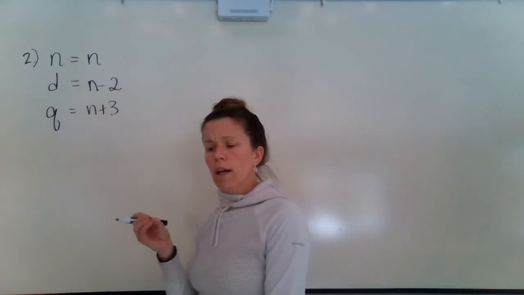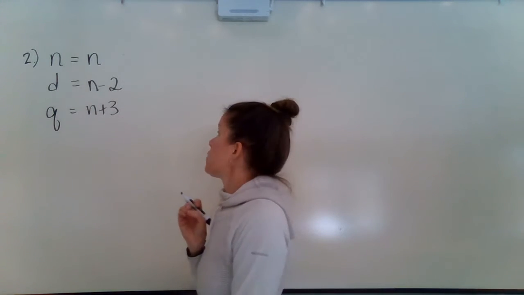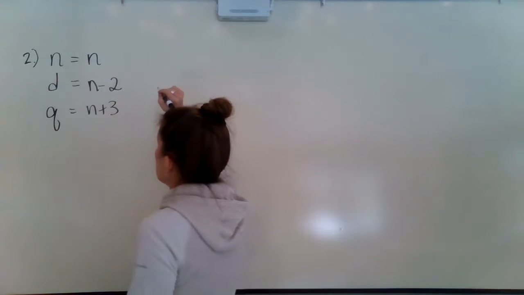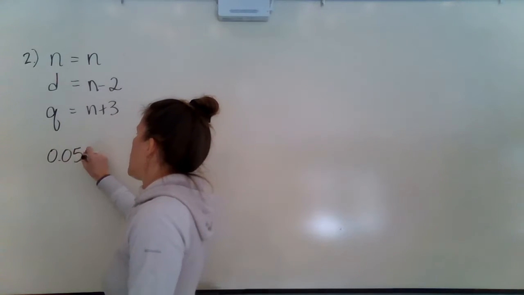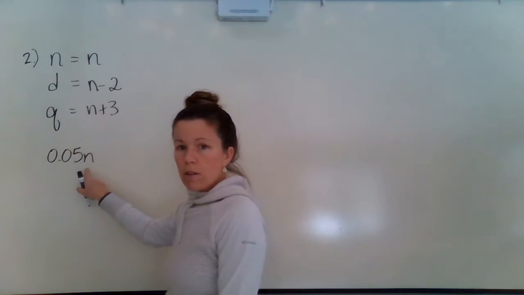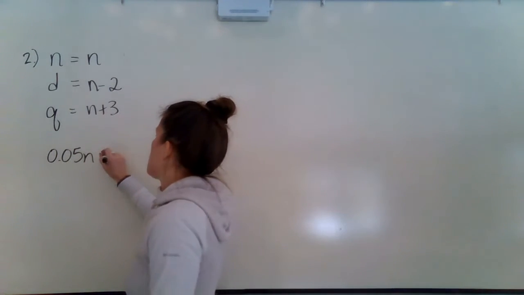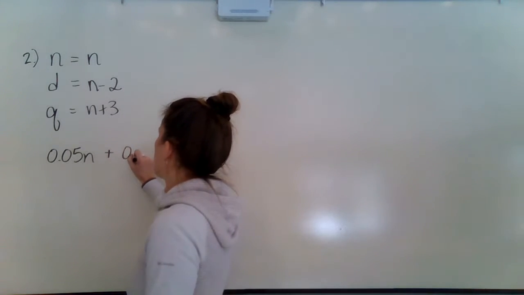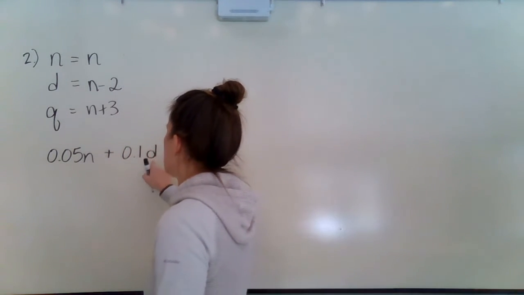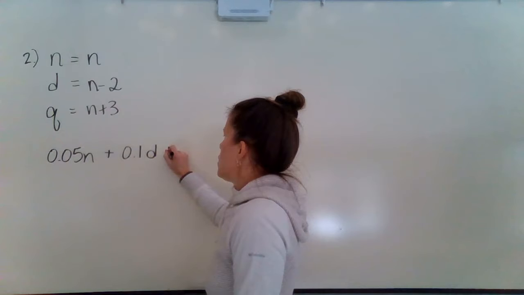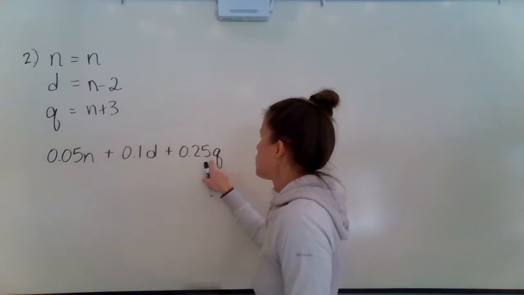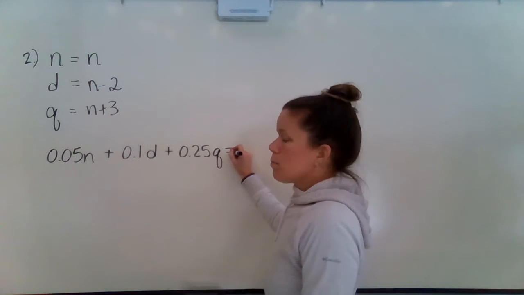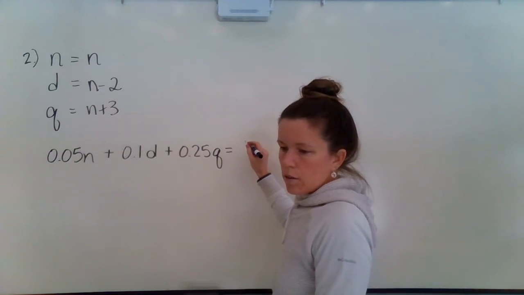In total, $3.35. So I've got 0.05n, the value of nickels times the number of nickels, plus the value of dimes times the number of dimes, plus the value of quarters times the number of quarters, gives me 335 altogether.